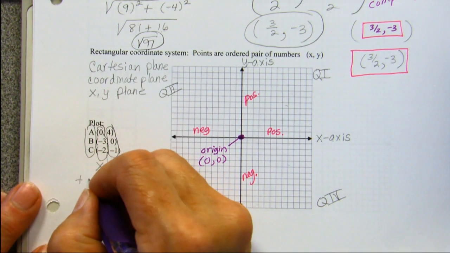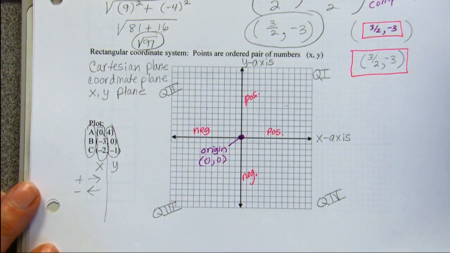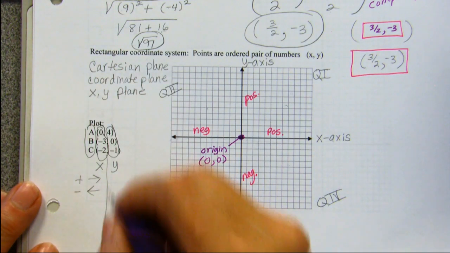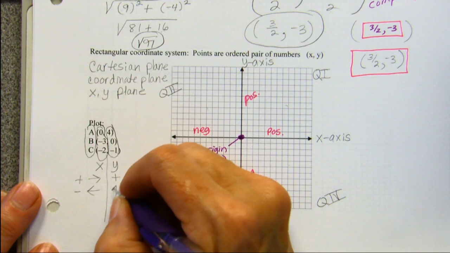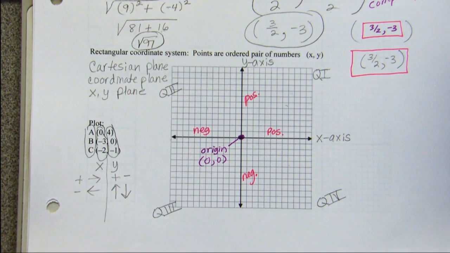Positive x's go to the right, negative x's go to the left. Positive y's go up, negative y's go down. We're going to plot some points in a minute, so I'm not going to actually plot those points.